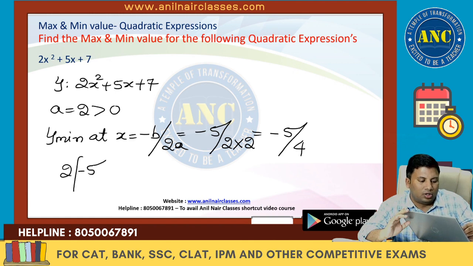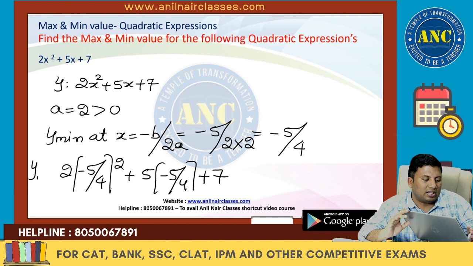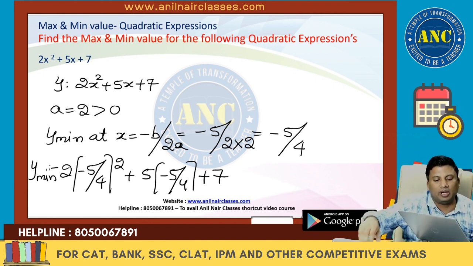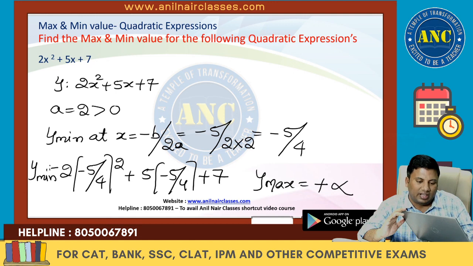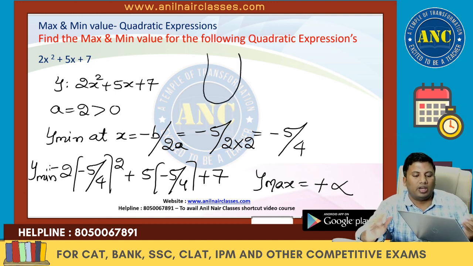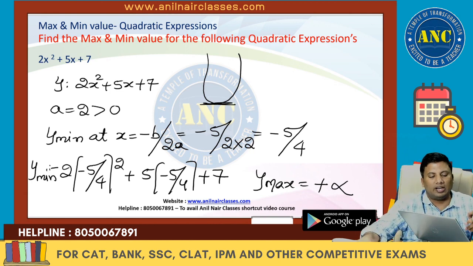So 2 into (minus 5 by 4) square plus 5 into (minus 5 by 4) plus 7. Whatever answer you get, that is the y minimum. What is y maximum? Y maximum will shoot up to plus infinity because the graph is going upwards. You can only determine the minimum.